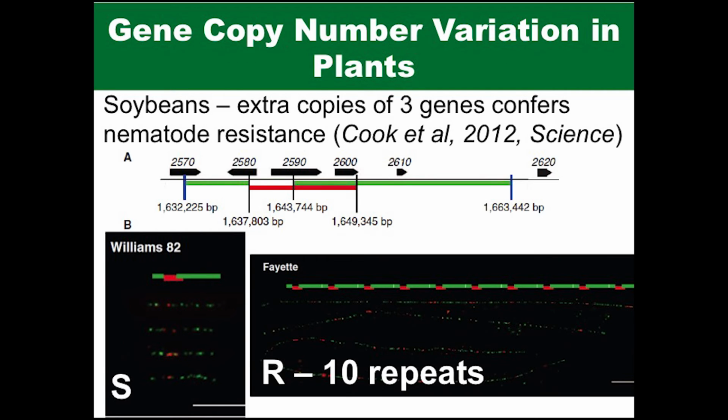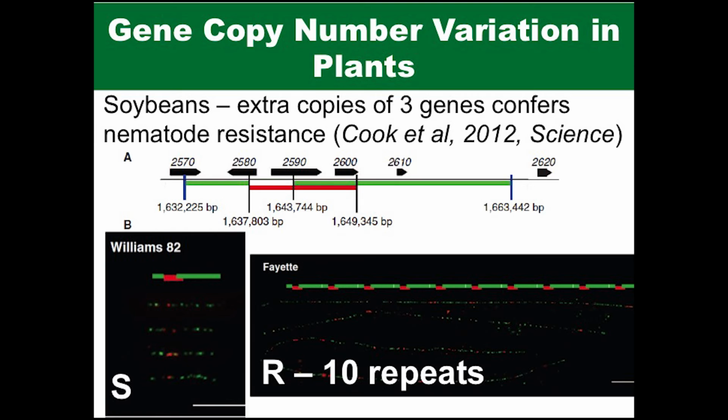Something I'd like to emphasize is that gene copy number variation really is an important source of genetic diversity across biology. You know, first things that may come to mind when you think of sources of genetic diversity would be mutations in genes that change amino acids and change function of proteins, changes in regulation of genes, when they're turned on, when they're turned off, how they're spliced.